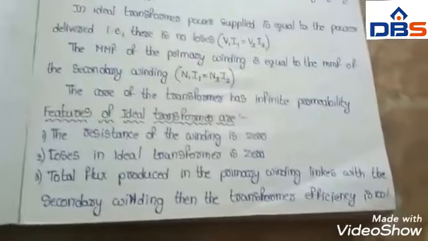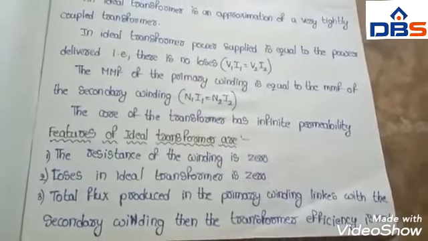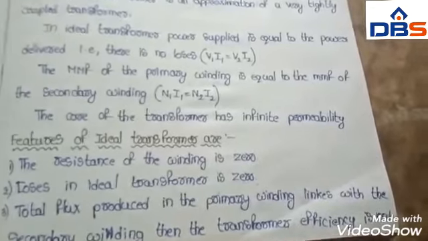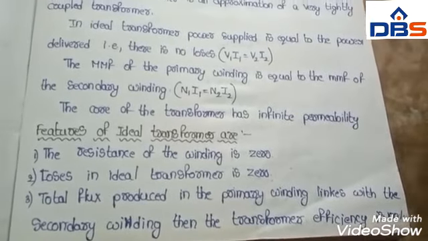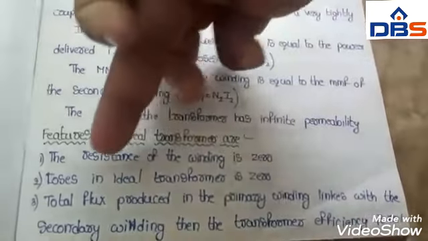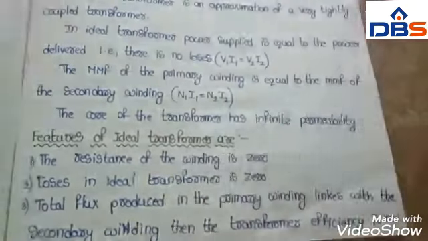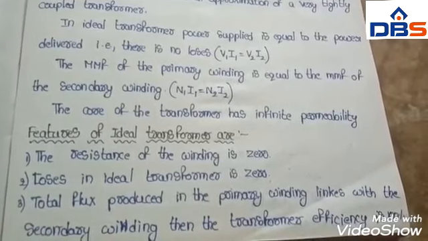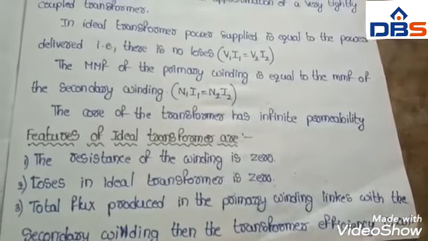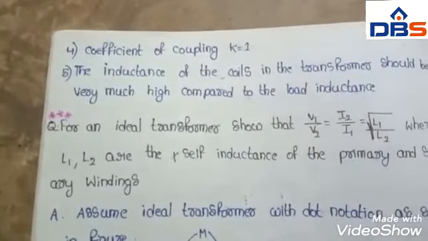The features of the ideal transformer: resistance must be 0. Whenever resistance is 0, copper losses are 0, so losses in the ideal transformer are 0. Total flux produced in the primary winding links with the secondary winding. Therefore efficiency is 100%, and the coefficient of coupling k equal to 1.